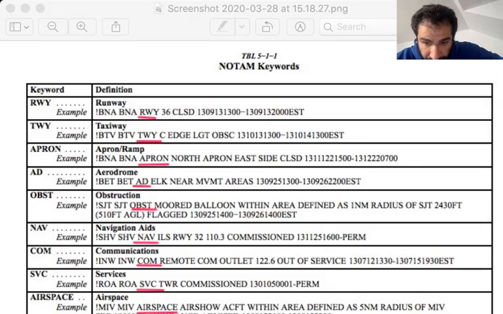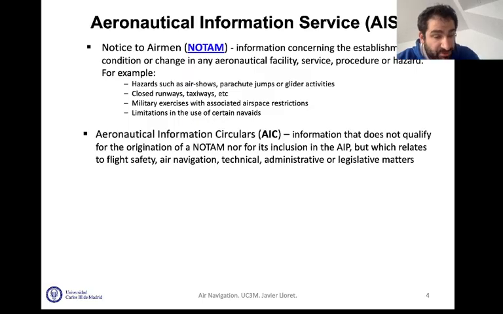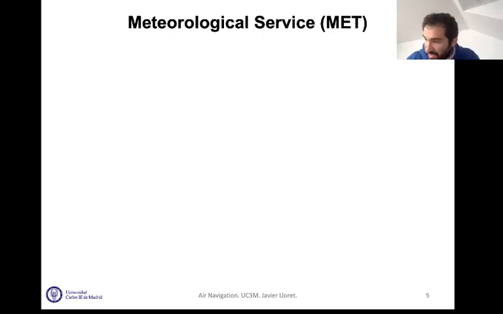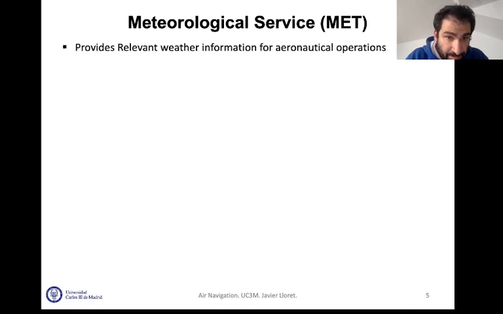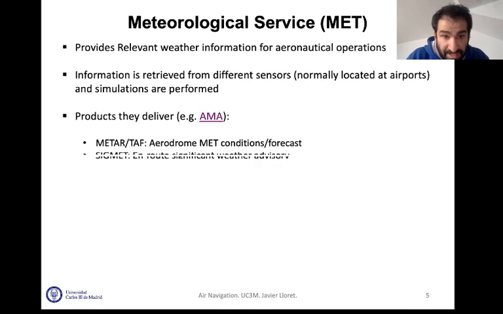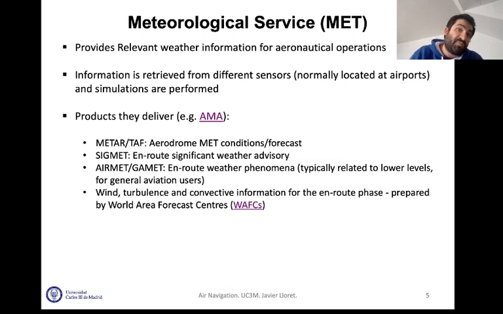Okay, so if we go back to our presentation, our next service to be provided to the airspace users is the meteorological service, as we were seeing on the board. Again, we have one met provider per country, typically.